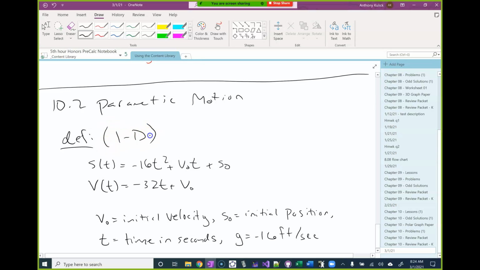And this is for one-dimensional motion, right? Basically just things falling straight up and down.